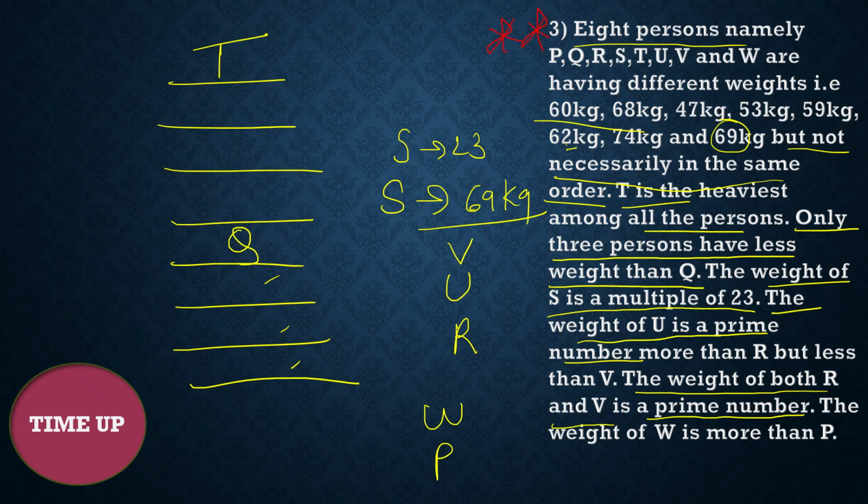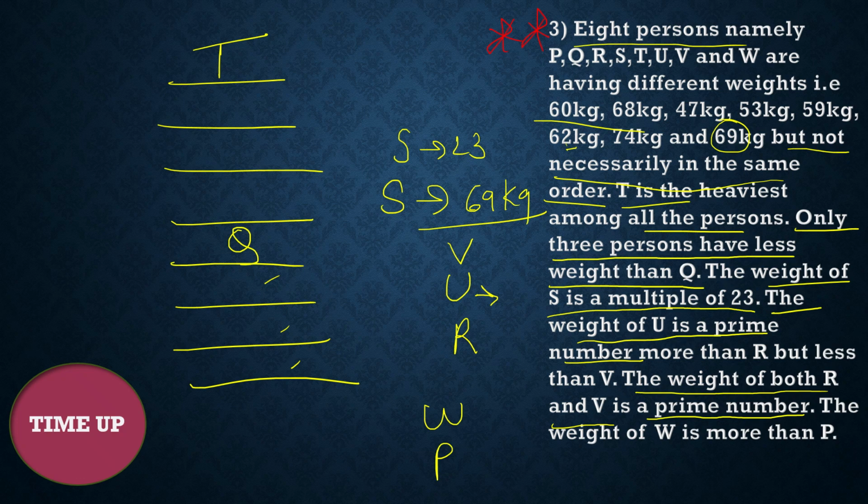So from this, what can you say? The weight of U is a prime number, they have given. So if the weight of U is a prime number, then which are the prime numbers you can see?